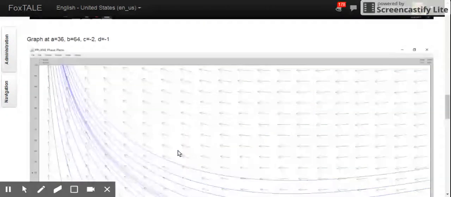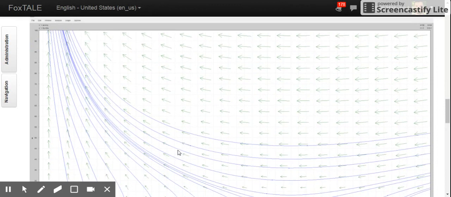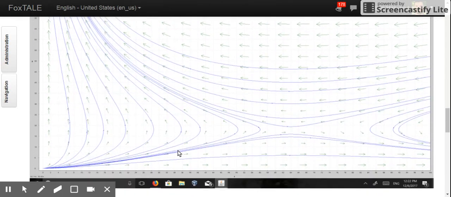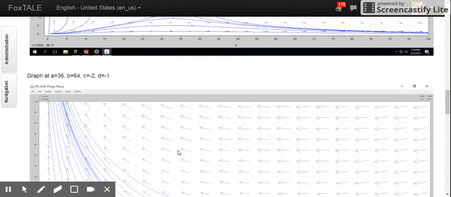And then when A and B are shifted slightly, as well as C and D, we can see that the source stays at 0, 0, but then the saddle moves to the higher X and higher Y area. Where does it go? It shifts by about 30.